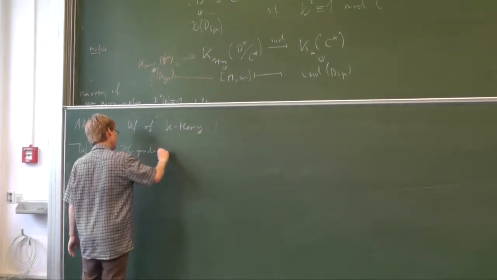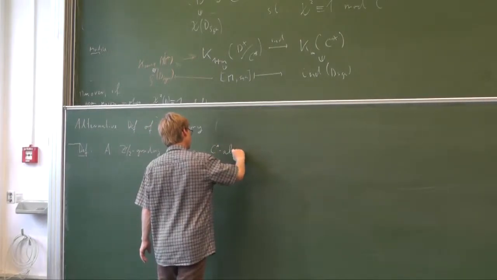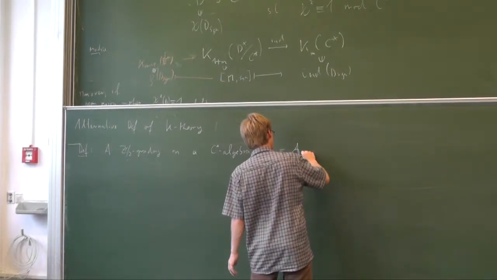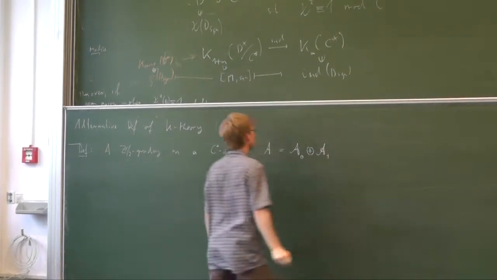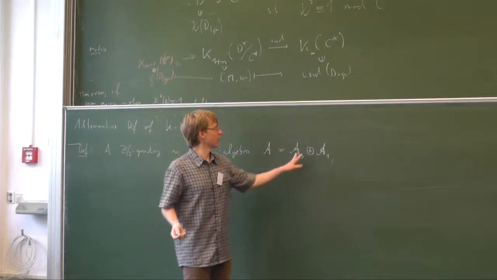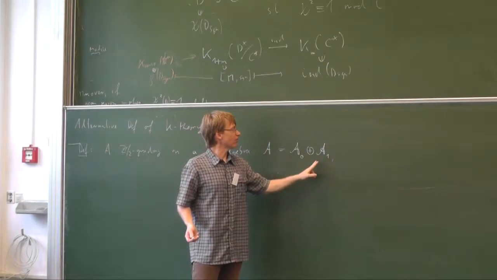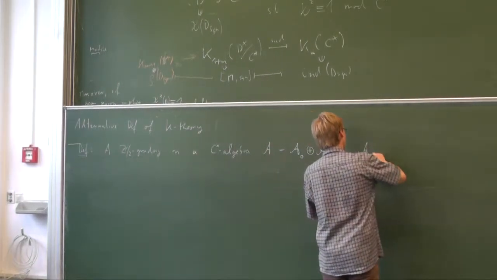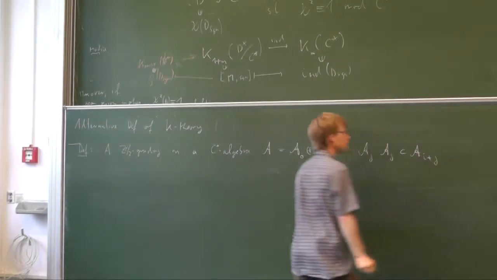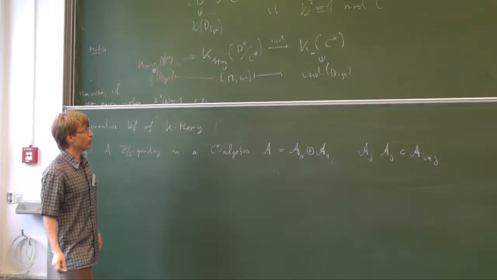Grading on a C-star algebra A just means we split A into a 0 part and a 1 part, two closed subspaces, and we have a usual multiplication rule in these subspaces by the addition: A_i times A_j multiplies into A_{i+j}, and both parts are preserved by the star.